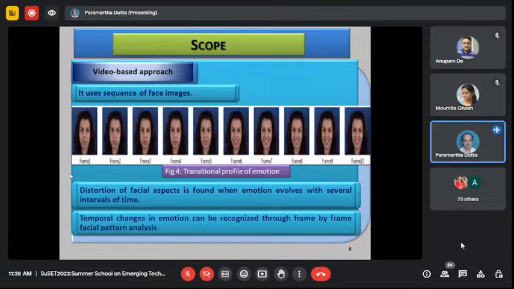Temporal changes, meaning changes over time, can be recognized through frame by frame facial pattern analysis, and each and every individual image provides some pattern clue. So when they are put in a meaningfully ordered sequence, they make some meaningful transition characteristics which we want to classify.